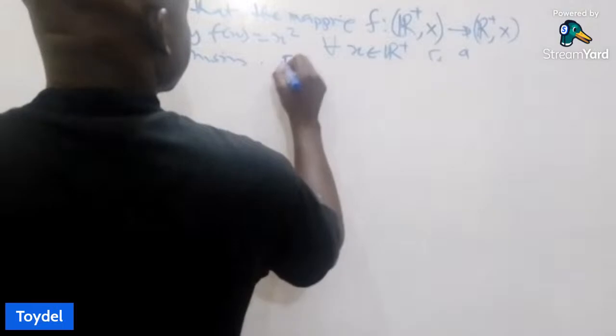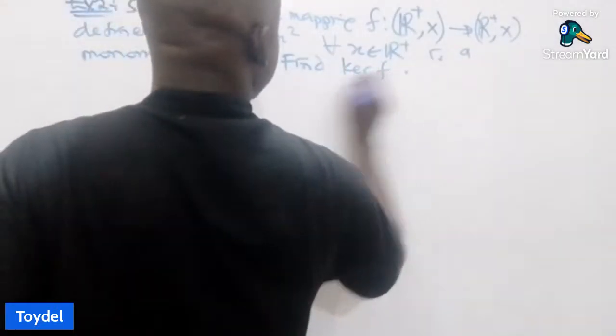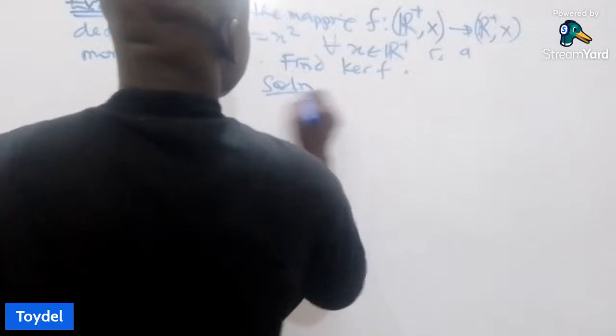We also have to find the kernel of F. We first show that F is a monomorphism, then we go ahead and find the kernel. What is the definition of monomorphism? A monomorphism is an injective homomorphism. That is, we check for homomorphism, then we check the condition for one-to-one.